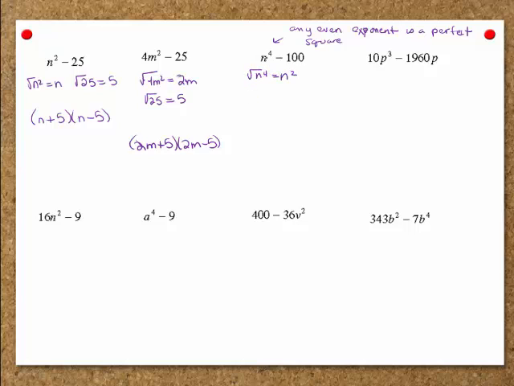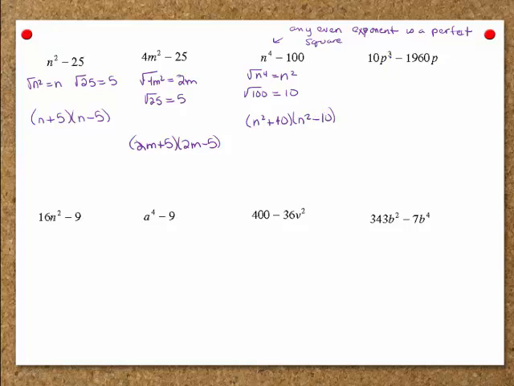So taking the square root of an even exponent gives you that exponent divided by 2. The square root of 100 is 10, so this will factor to (n² + 10)(n² − 10). Now when this happens, you want to double check and make sure you don't end up with another perfect square here, because then you'd have another difference of squares that you'd have to factor even further.